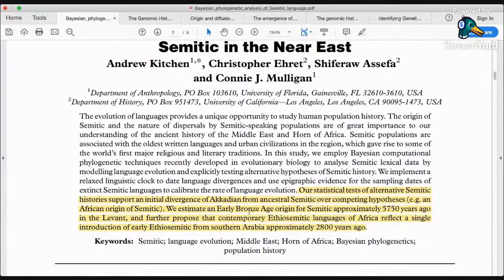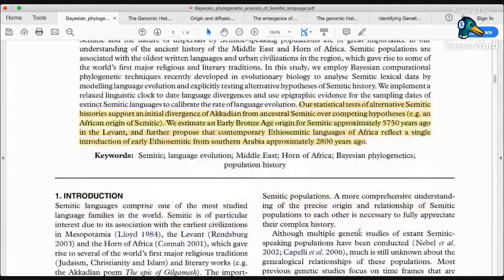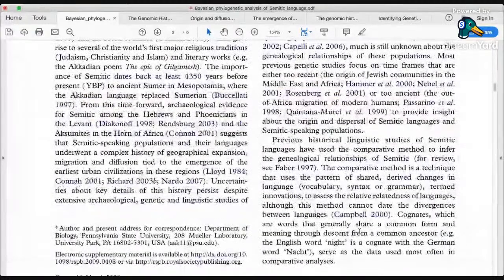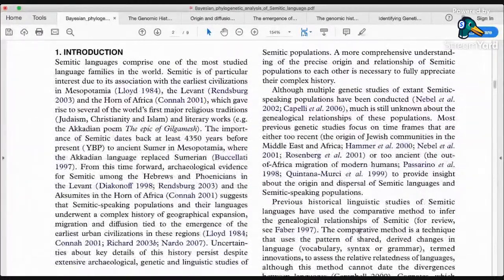We estimate an early Bronze Age origin for Semitic approximately 5,750 years ago in Levant, and further propose that contemporary ethno-Semitic languages of Africa reflect a single introduction of early ethno-Semitic from Arabia approximately 2,800 years ago. So let's get down to exactly what they're referencing.